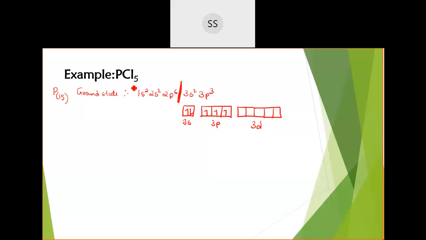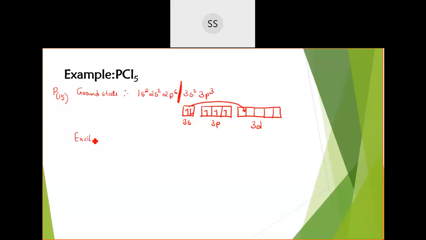The total number of unpaired electrons we need to get is 5. Here we can see only 3. So if the paired electron from the 3s orbital is shifted to the 3d orbital, then we will altogether get 5 unpaired electrons. So we need to shift it to the 3d orbital. That will be the excited state of phosphorus.